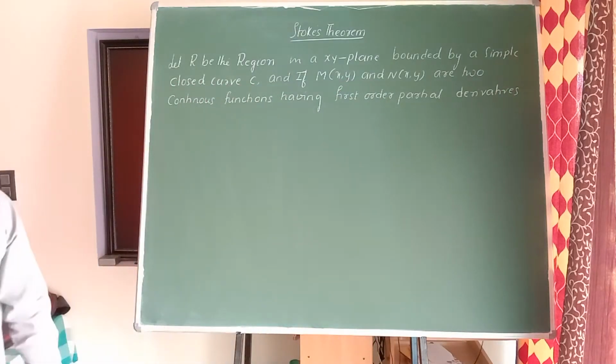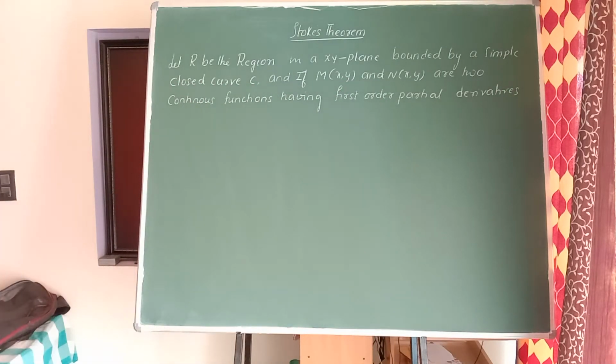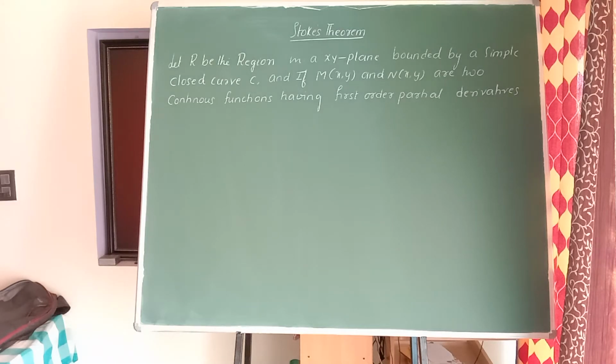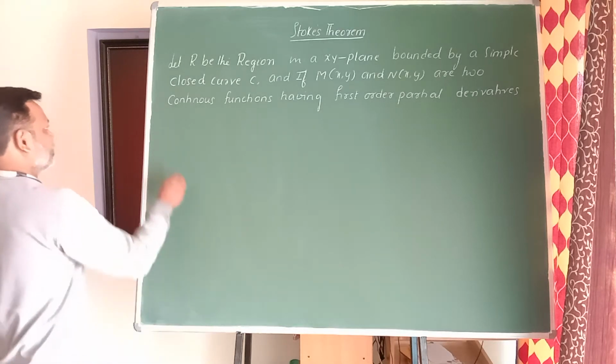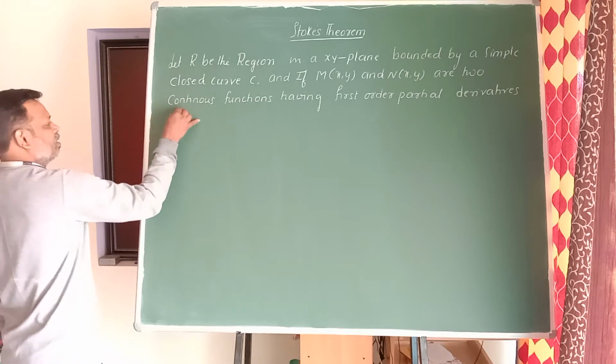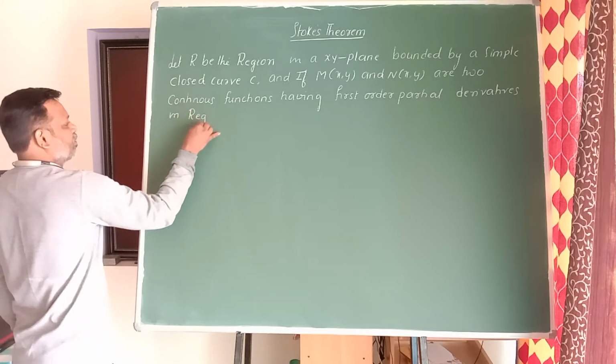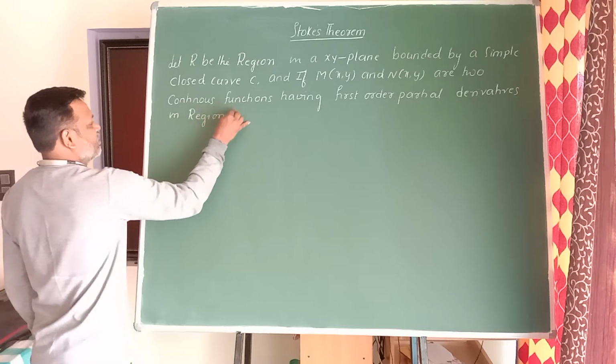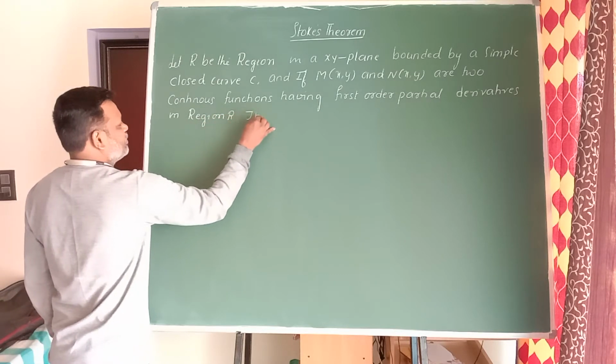Okay, once again understand. Let R be the region of the xy plane bounded by a simple closed curve C, and if M of x, y and N of x, y are two continuous functions having first order partial derivatives in region R, then what's the result here?